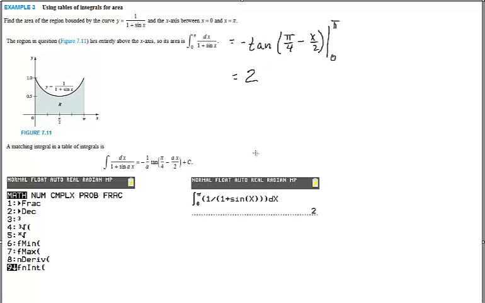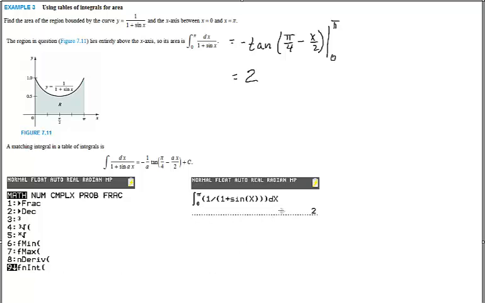Seeing as our next topic is entering into computer software, I'm just going to use your TI-84. I'm going to do a numerical integration, and I just hit my math button on my calculator and then go to this numerical integrator right here.